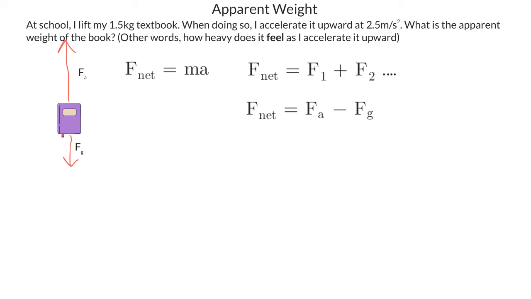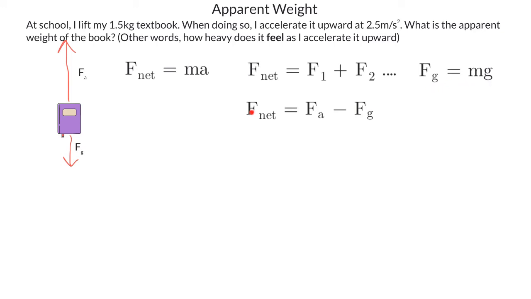Alright, so now hopefully what you can recognize is that if this is the value that I want to find out in the problem, I'm going to need to figure out these two values here. So here is another thing that I'm going to have to find, but I happen to know what that equation is. So here I've got Fg equals mg.